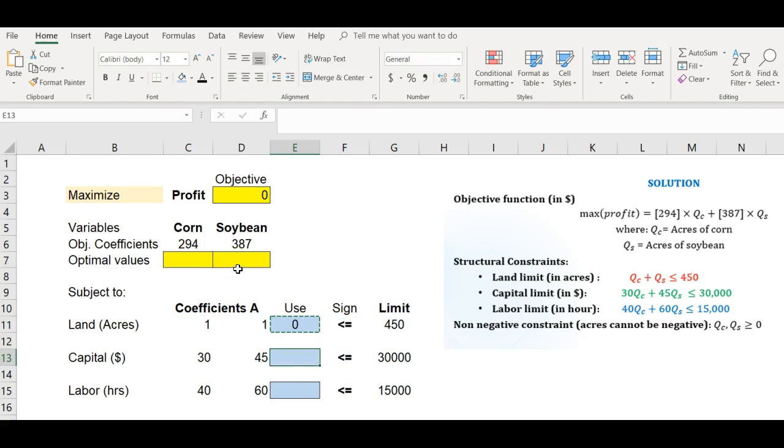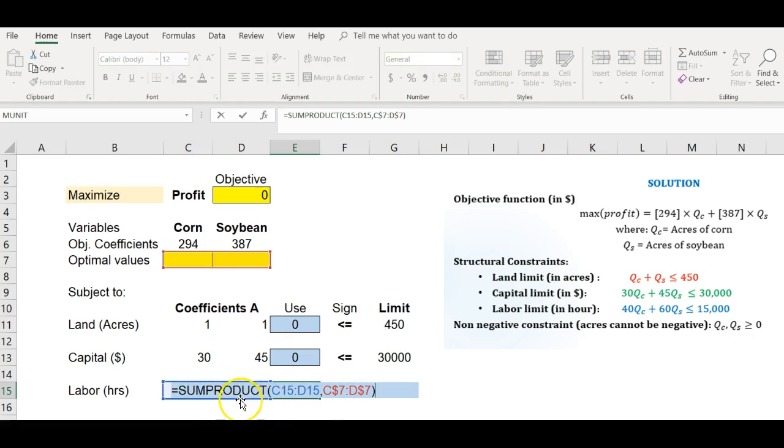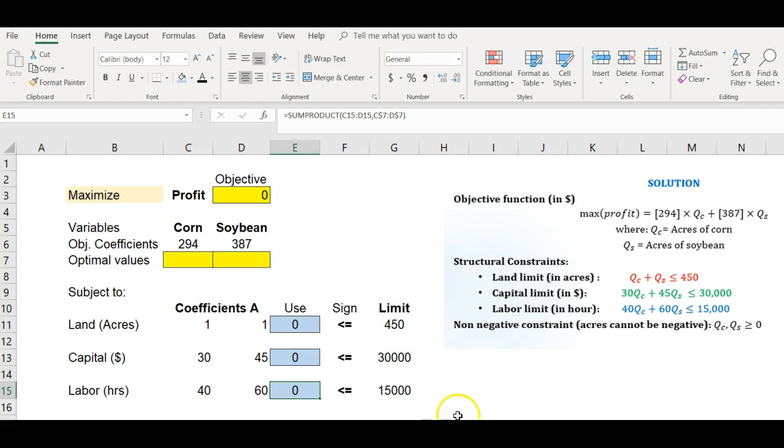In that way, we can copy and paste 2 more times the formula, and as you can see, it works properly. For example, for the third constraint, it selects the coefficients of labor and multiplies with the optimal values.